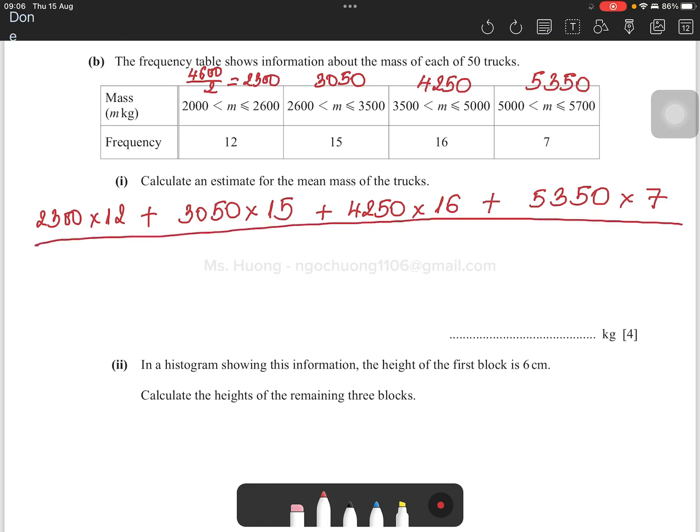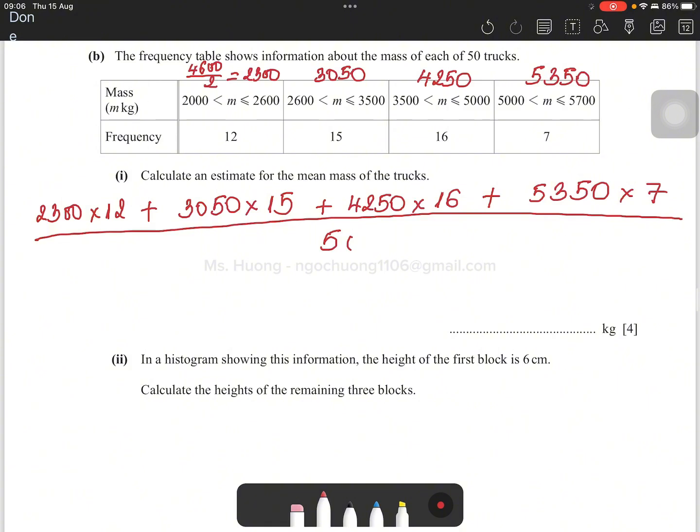Finally, we divide this total by 50 trucks. There are 50 trucks altogether. So the mean is 3,576 kilograms. Second question. In a histogram showing this information, the height of the first block is 6 centimeters.